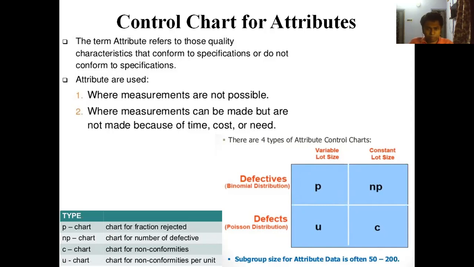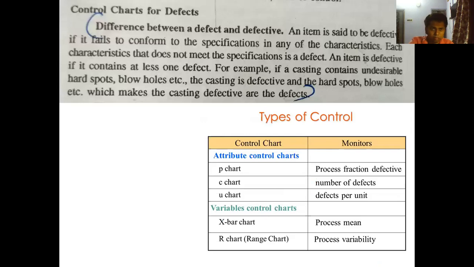And you already know the difference between defectives and defects. I have already stated that an item is said to be a defective item if it contains at least one defect. And defect means each characteristic that does not meet the specification.